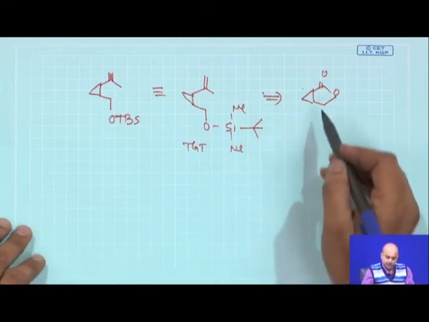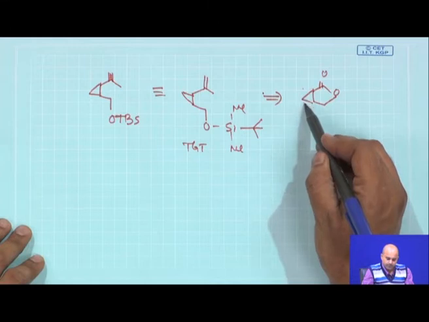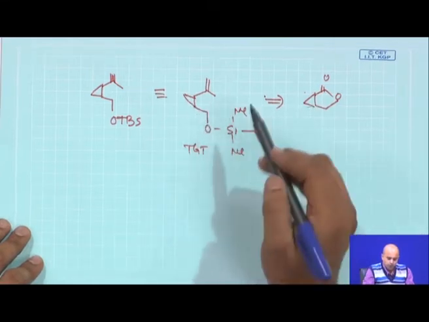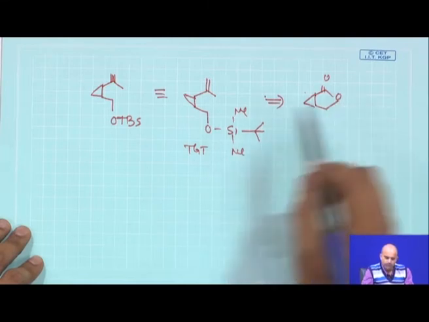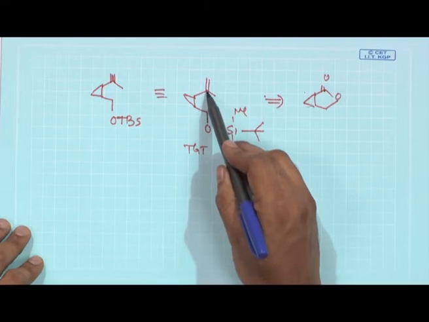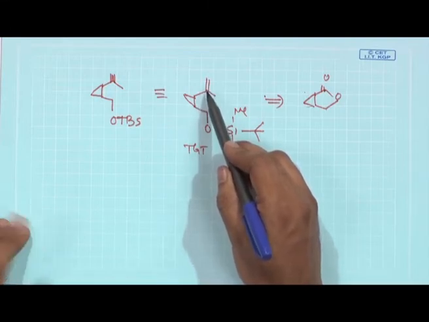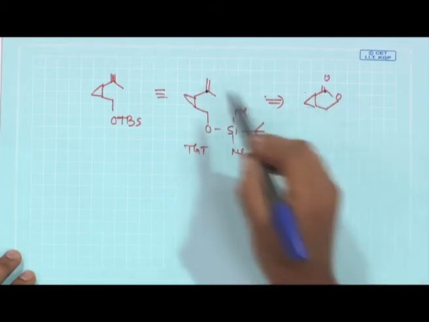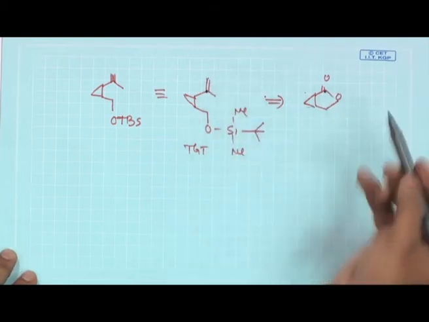Now, if you see, the cyclopropane part was there, this part is protected CH2O, and you need to introduce an extra group here, that is the only thing. Now, how many carbons do you need to add? One carbon is already there, you need two extra carbons.